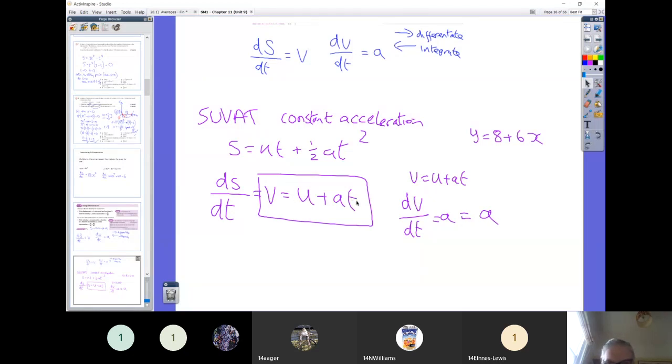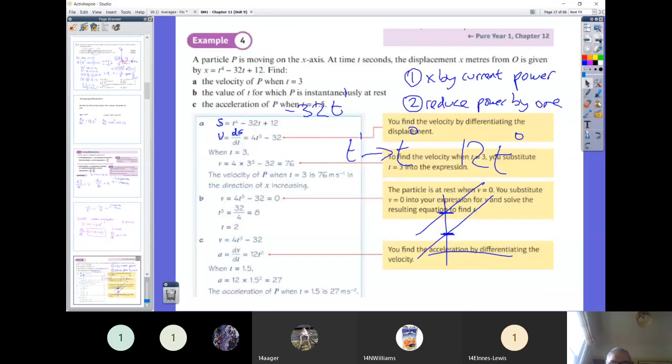Then if you differentiate that again, you're just left with a, the acceleration, being a constant acceleration, which is what you'd expect. So it's nice to see that this differentiating process applies to SUVAT, as well as to variable acceleration.